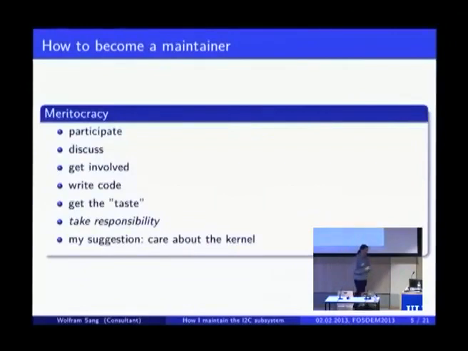My suggestion, what I wrote with Care About the Kernel, is I think it's in the long term more sustainable if you do that because you have a feeling that this should be properly handled in the kernel. So you want to do the maintenance because you want that to be proper in the kernel.